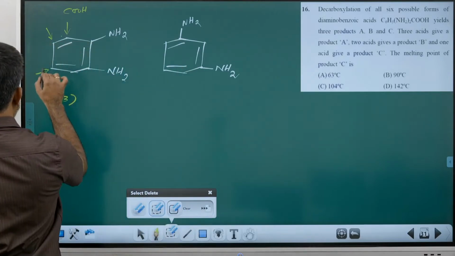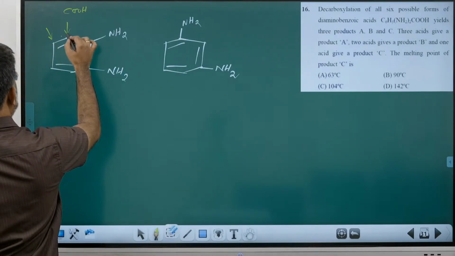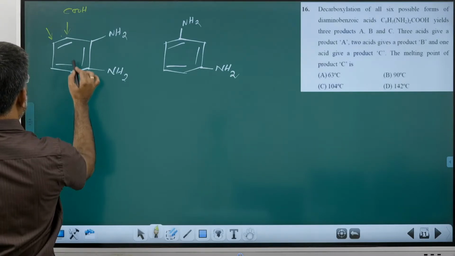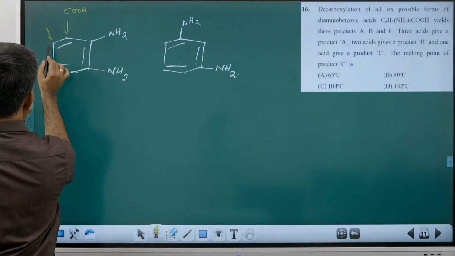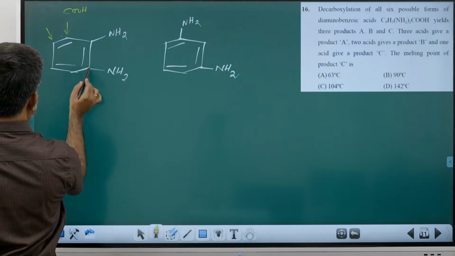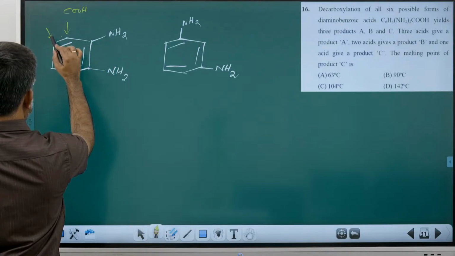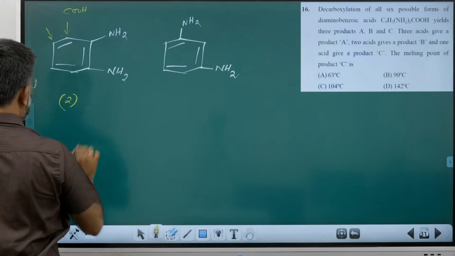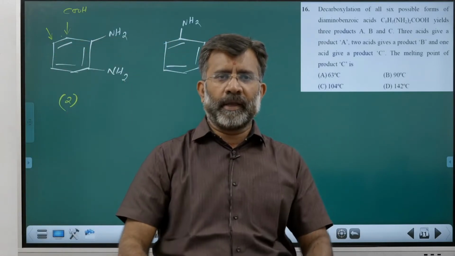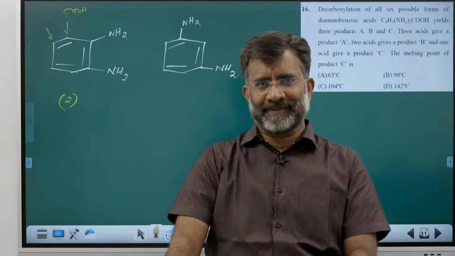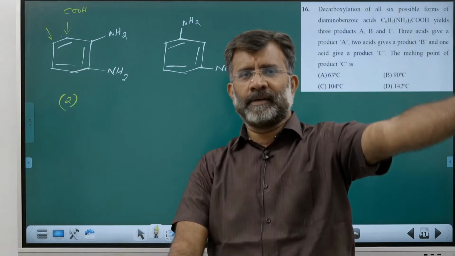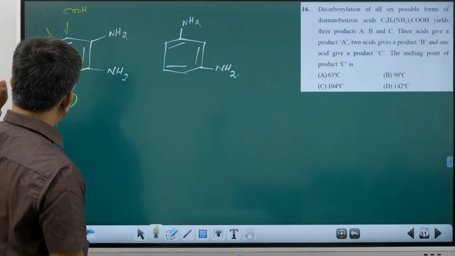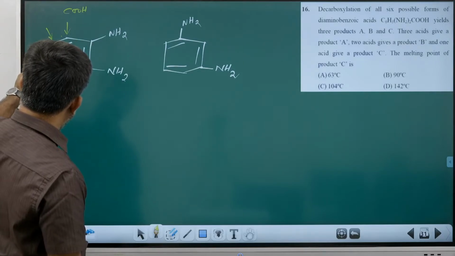This position and this position are the same. This is the para position of this and the meta position of this, and this is the meta position of this and the para position of this. So only 2 isomers. If you take 1,2-diamino, you get only 2 isomers, one at the immediate position and one at the third position, because the immediate position for this and this position are identical, and this position and this position are identical.